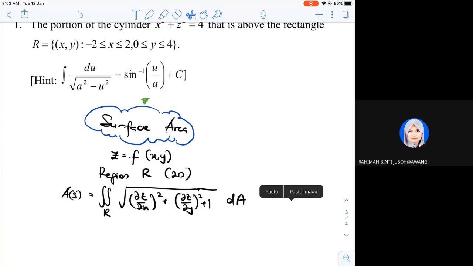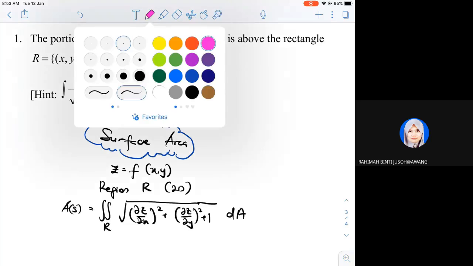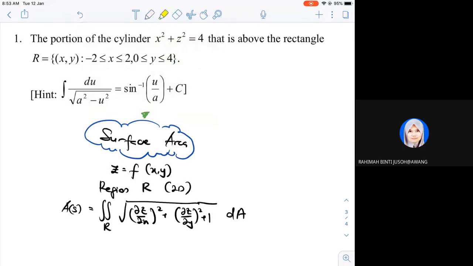If you look at the formula of surface area, we need to have region R. Surface area involves region R, because it must be in 2D. So if we read this question, the portion of the cylinder that is above the rectangle. So right now guys, our region R is a rectangle. Okay, this is region R. It was already given. This is our region R, a rectangular region.